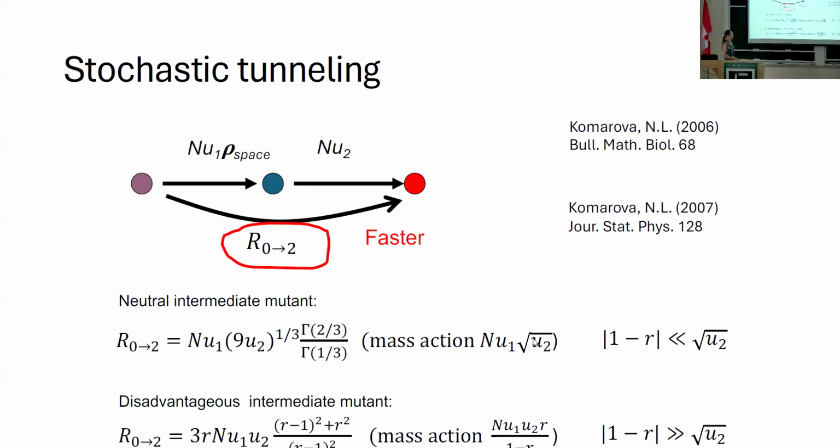You have to compare this formula with the one that was derived for the non-spatial process. You can see that this small number, we take a square root, and here we take a cube root. So when U2 is very small, this is a lot larger. So you can prove that space speeds up evolution tremendously.